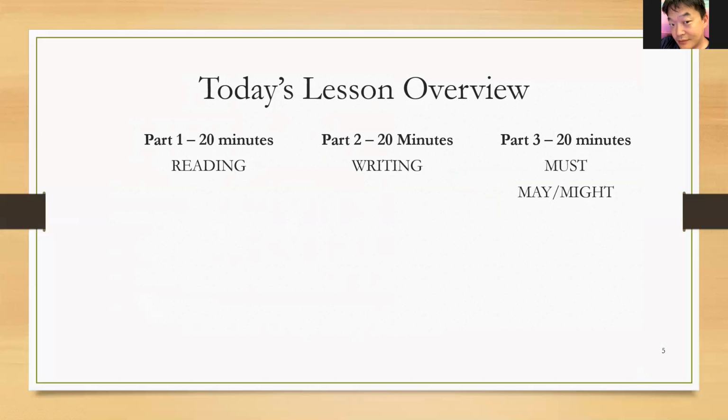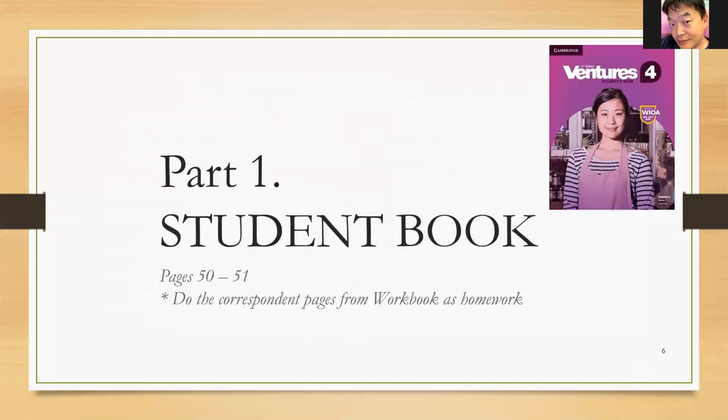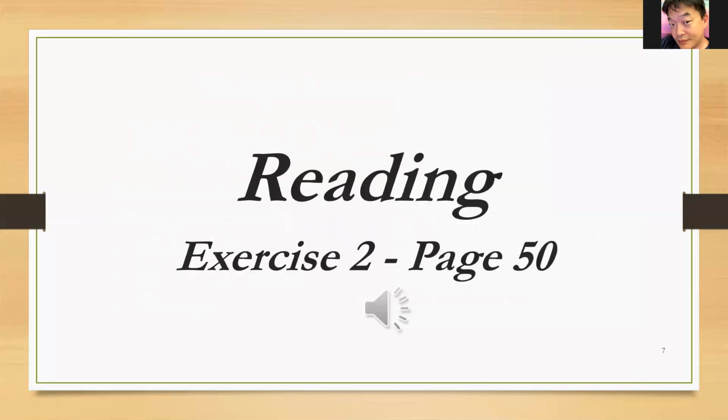So today we are going to be working on our student book, pages 50 and 51. Go ahead and open your book on page 50 and 51. Before you go to page 50, I need you to look at page 51, 3A, and take a look at the questions, and what the questions are asking you to provide.